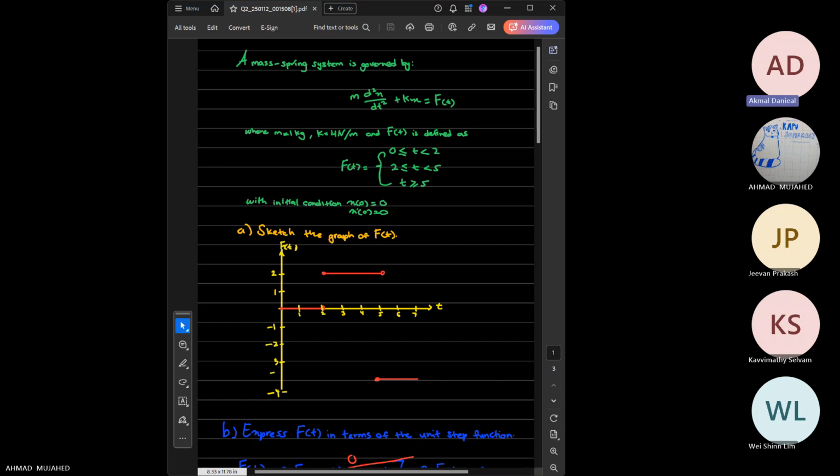So we plot the graph f(t) against t. I use the red line to show my graph.